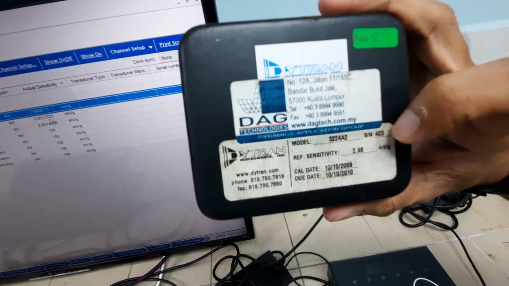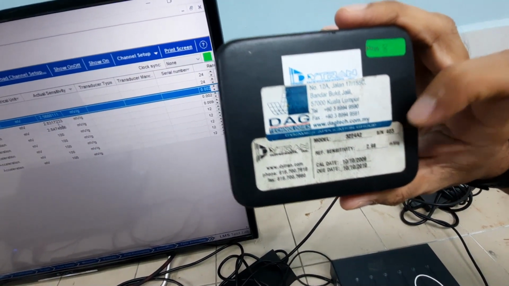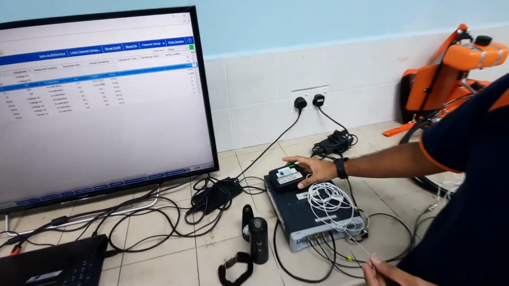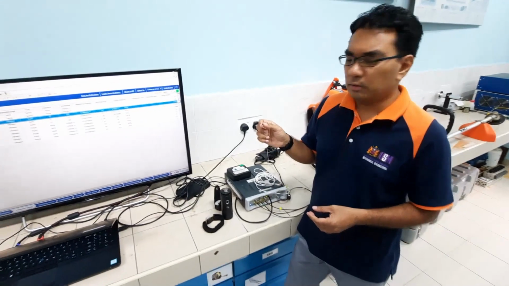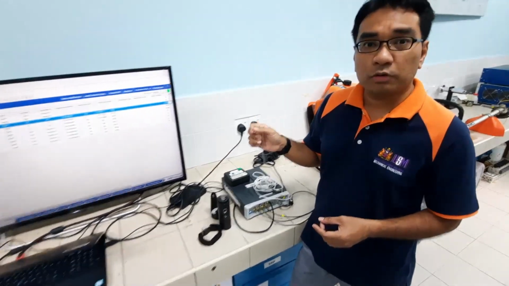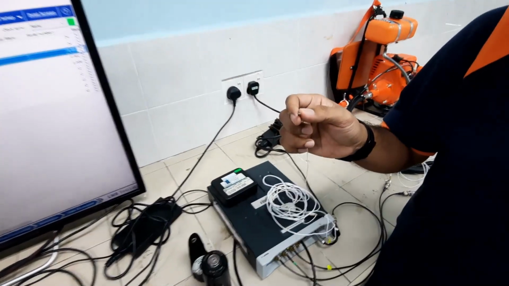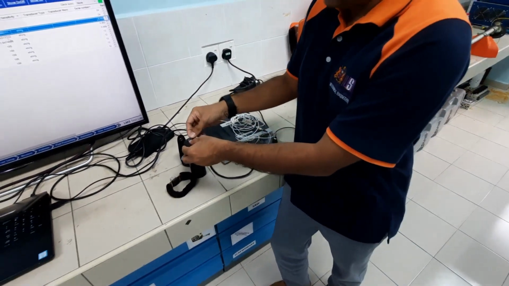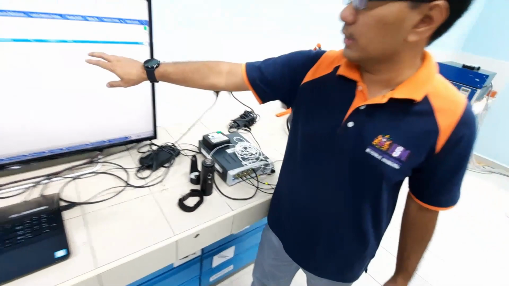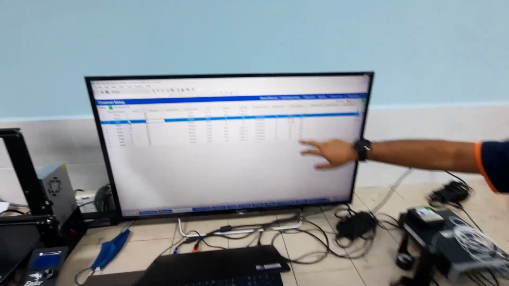In this case it's written 2.98. That is the sensitivity value of this accelerometer, which can convert the unit of voltage to acceleration. So that value we can insert here, at the actual sensitivity.